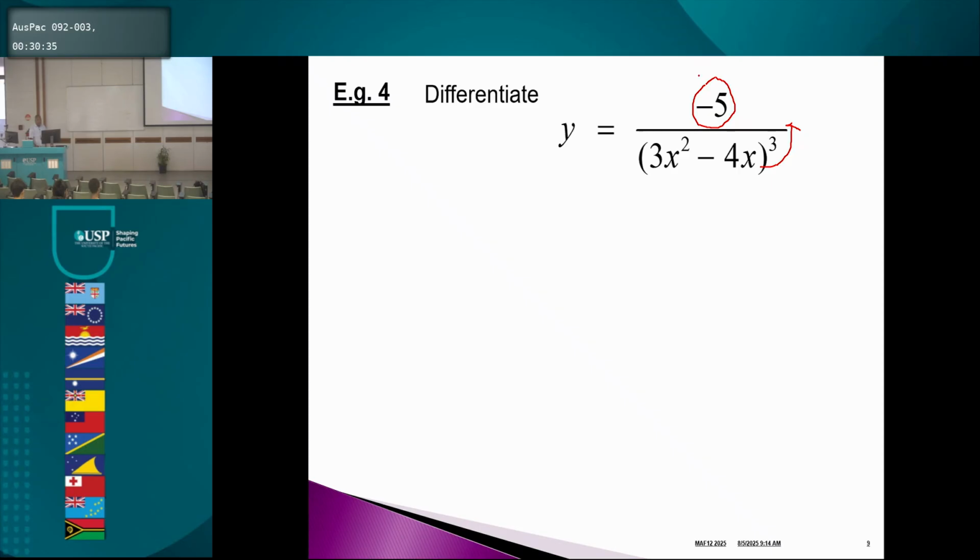You only use the quotient rule if the numerator and denominator are both functions. Okay? If only the numerator has a function, you don't need to use the quotient rule. And in this case, the numerator is not a function, so don't use the quotient rule. The suggestion is you move this up.